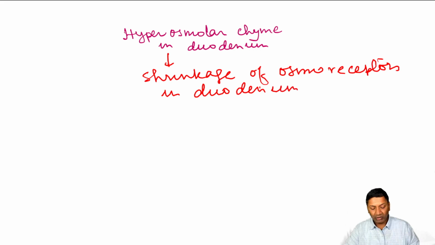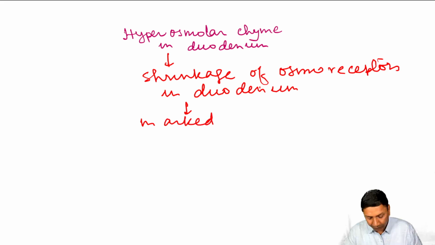And this shrinkage of the osmoreceptors in the duodenum will lead to marked inhibition of the gastric emptying.